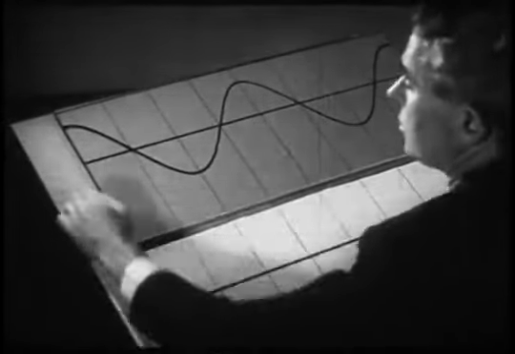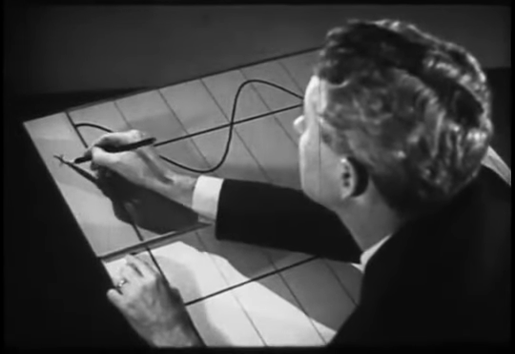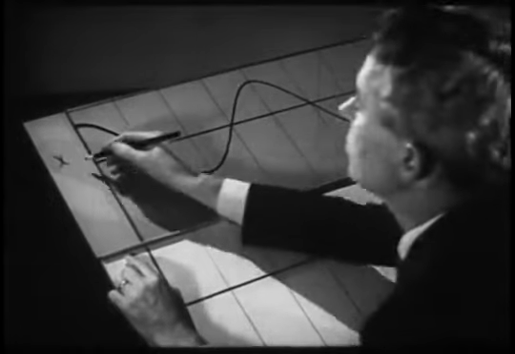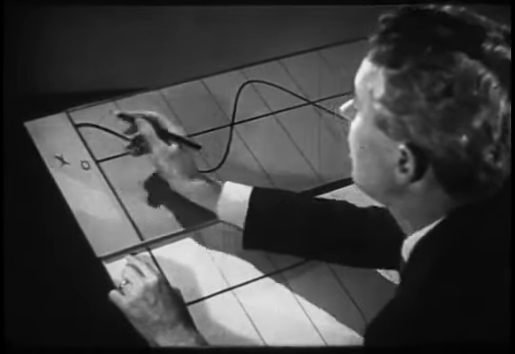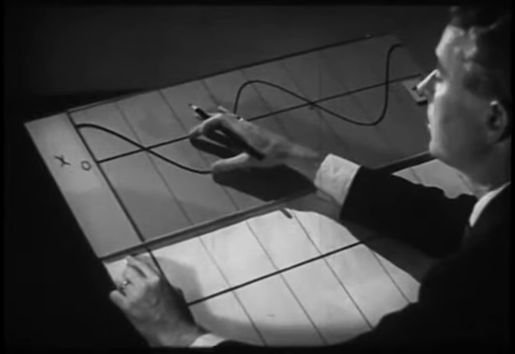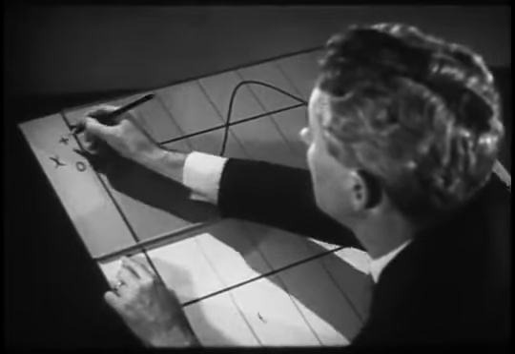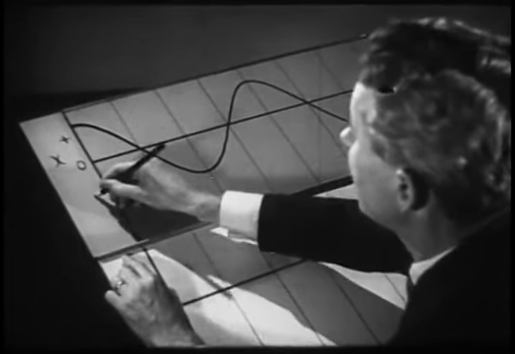Displacement is plotted in this direction. Displacement x. And I've chosen the zero of displacement so that the maximum displacement this way is the same as the maximum displacement this way. I'll call the upward direction positive, the downward direction negative.